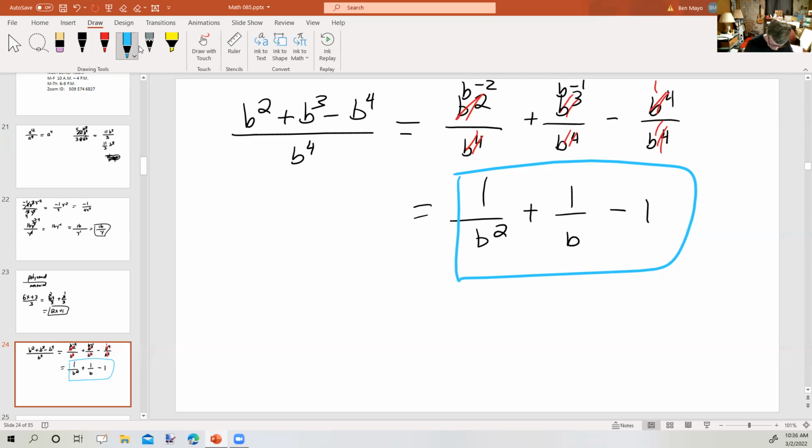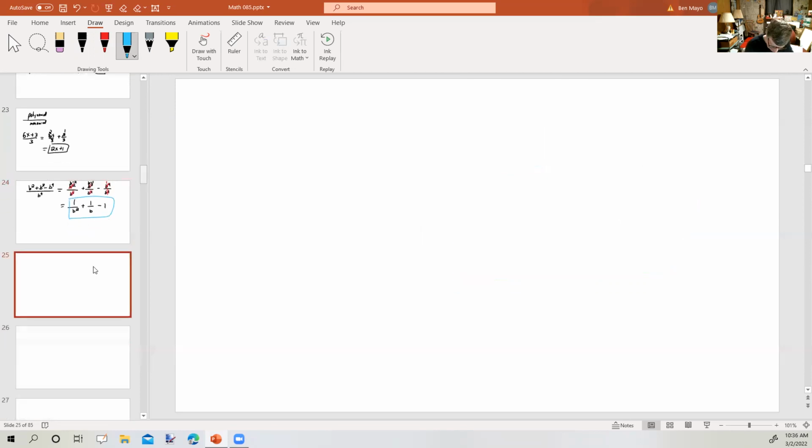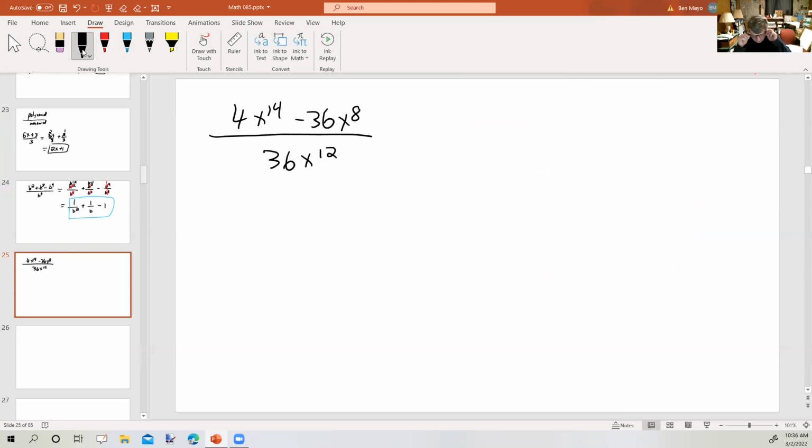All righty, let's take a look at this one. 4x to the 14th power minus 36x to the 8th power over 36x to the 12th power. So once again, we have a polynomial divided by a monomial.